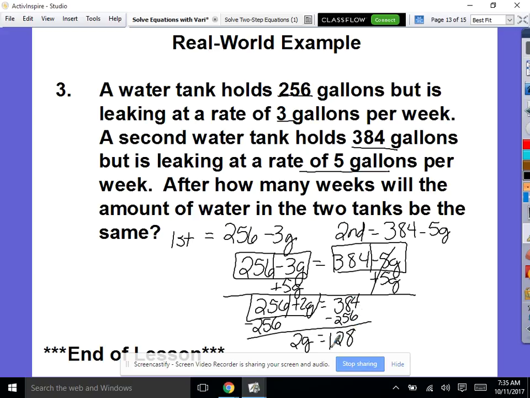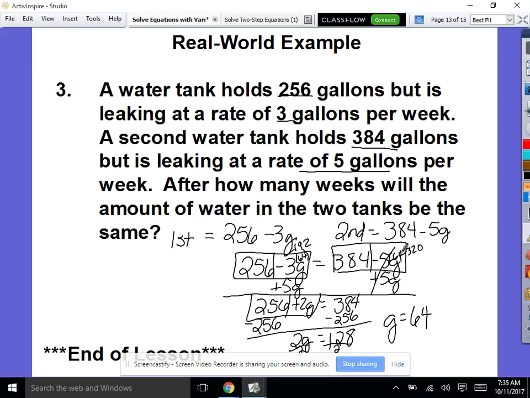When we divide, we should get 64. So let's check. 3 times 64 would be 192. And 5 times 64 would be 320.